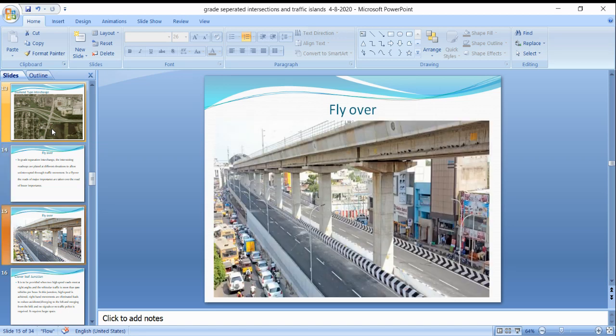So here you can see the train path above, and below that one road is passing through, and below that another road is going on.